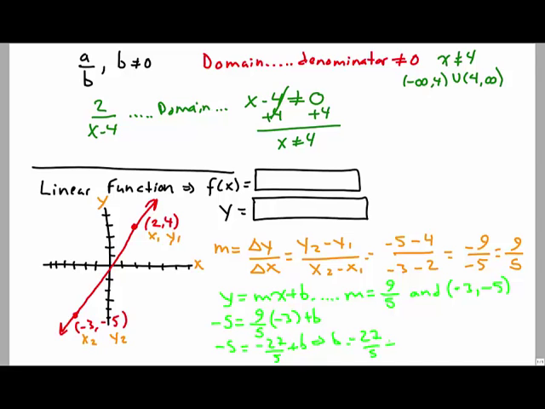So I have 27/5 minus 5, which is 25/5. So this is 5. So that came from right here. So I added the 27/5 across and I subtracted 5, which is the same as 25 over 5. So I get b equals 27 minus 25 is 2/5.